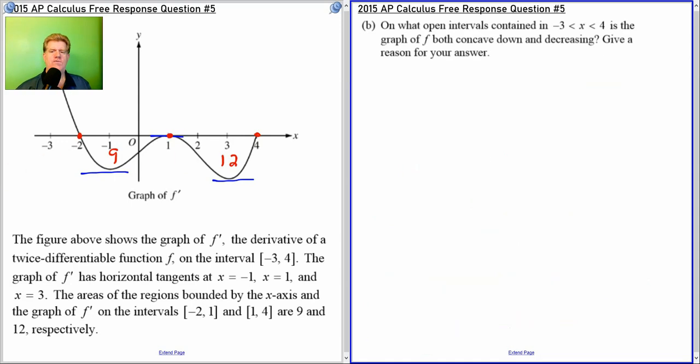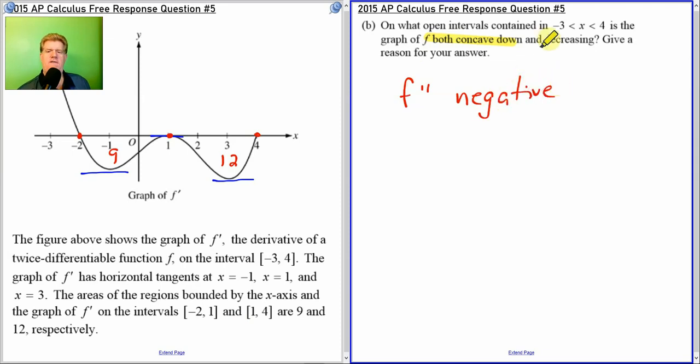All right, this one. What open intervals is the graph both concave down and decreasing? Now we had a similar problem in the 2014 version. So f is concave down when f double prime, the second derivative, is negative. Okay.